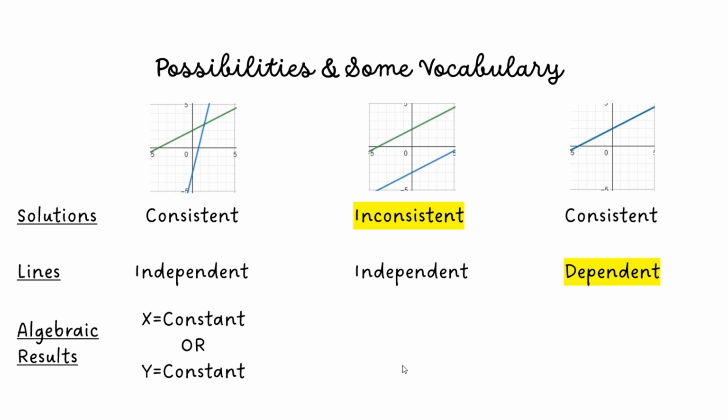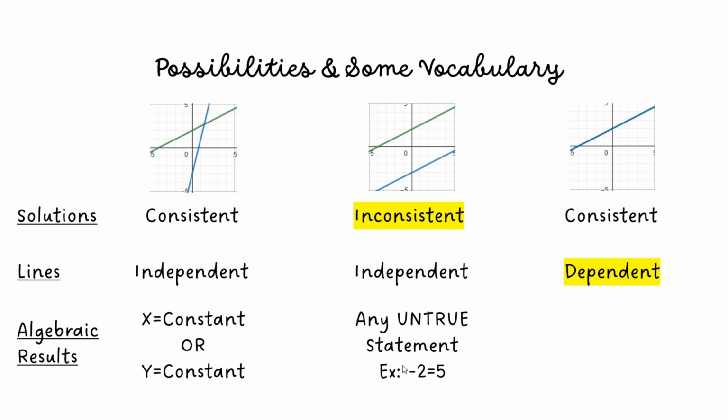The other two, you get a result that's kind of similar, but then you have to make an interpretation. So if I have two parallel lines, I will get an untrue statement. That is, all my variables drop out and I'm just left with two numbers equal to each other. And then I have to decide, is that true or not true?